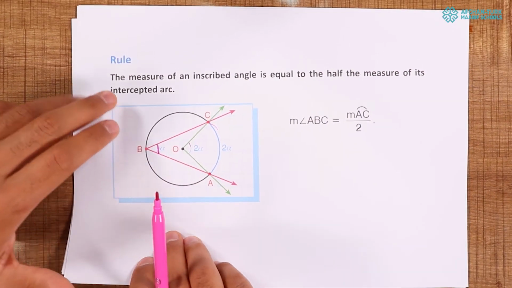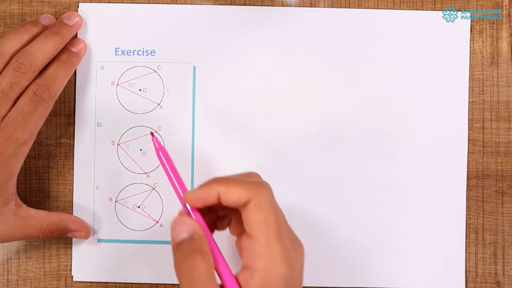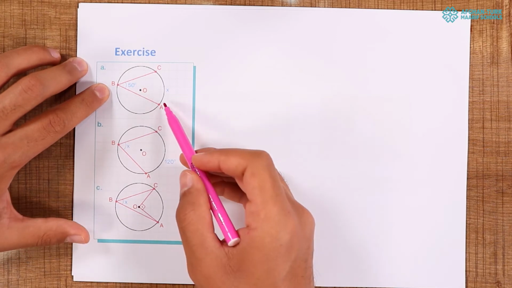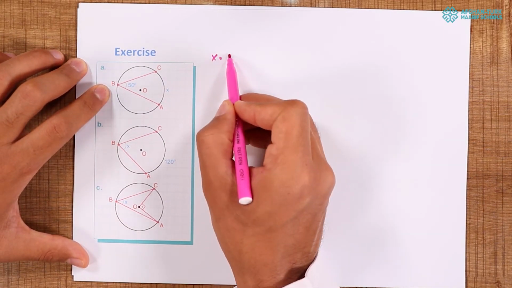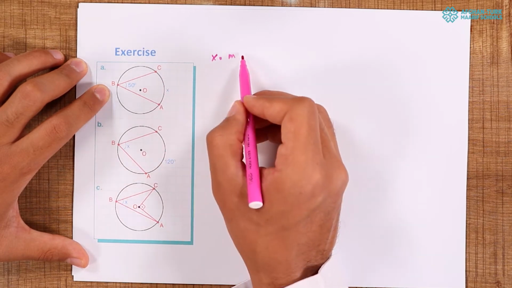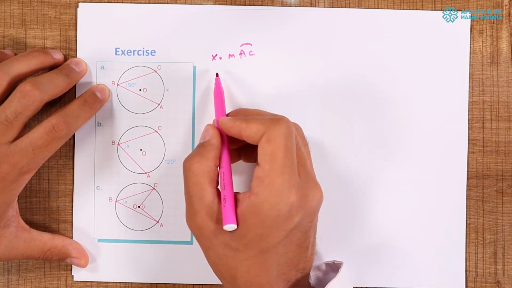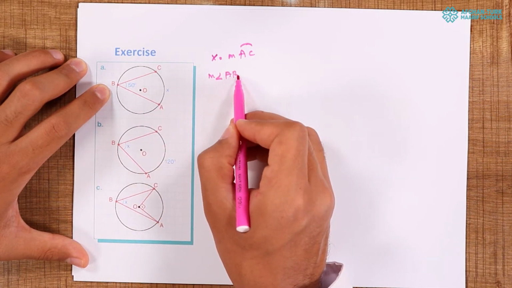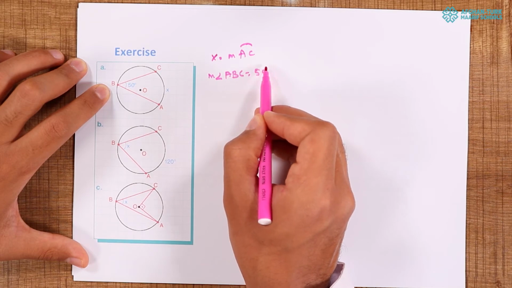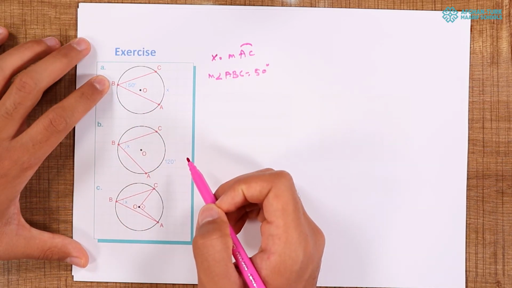Let me solve some questions. Exercise. First question. We are going to find x. X is equal to the measure of arc AC. We have the measure of angle ABC equal to 50 degrees. It means that our inscribed angle is 50 degrees.